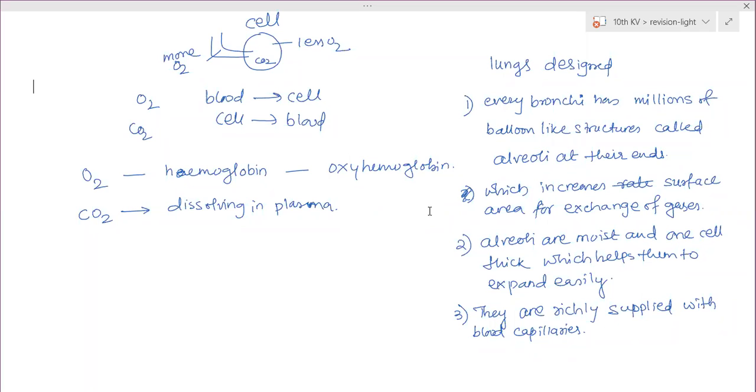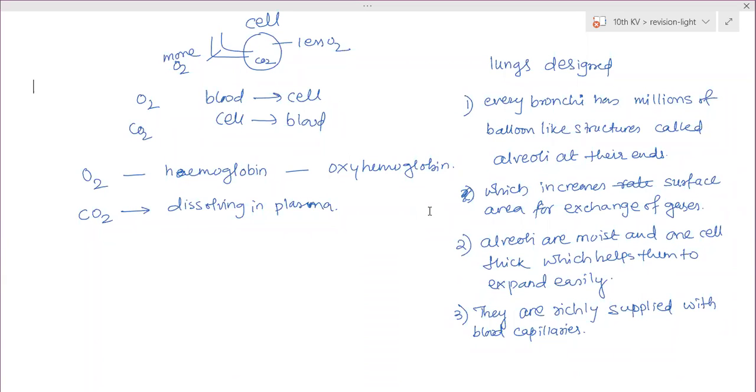Anything in this? Exchange of oxygen and carbon dioxide I have already explained. That's it for the respiratory system. First is a 3-mark short question on respiration, the breakdown of glucose process, and the second is the structure of the lung, the structure of the respiratory system. The diagram of the respiratory system is important.